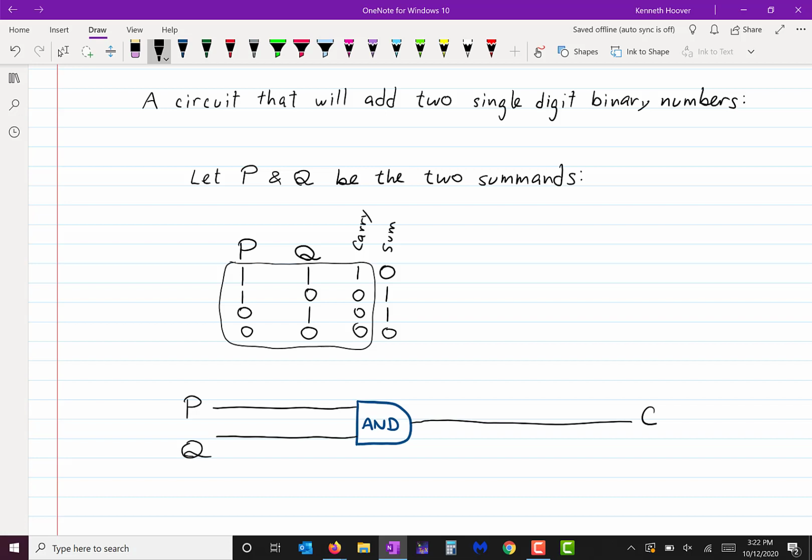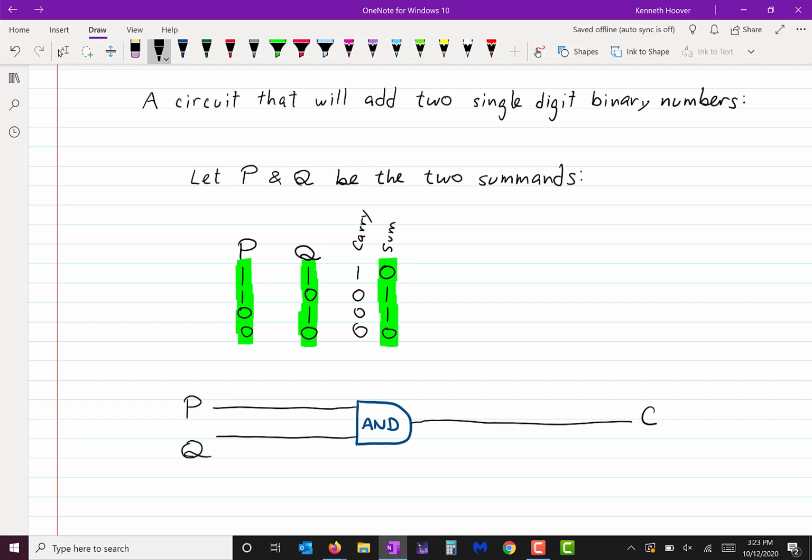Now, how do you calculate the sum? For that, let me erase that box, and let's just look at this column and this column and the sum column. This one's not as obvious, so I'm going to point it out to you because it's not something I would expect you to guess right away. Let me write it down and then we'll see if we agree.